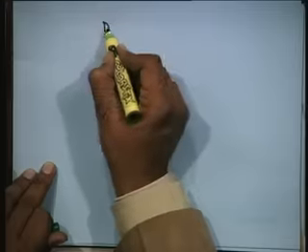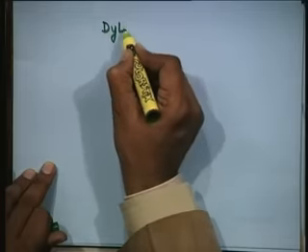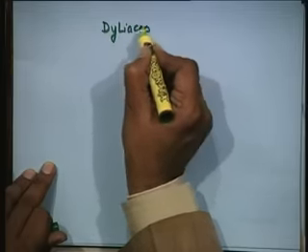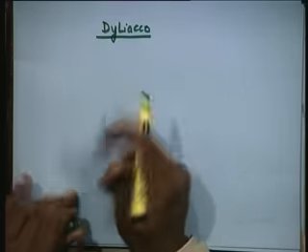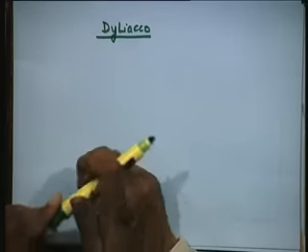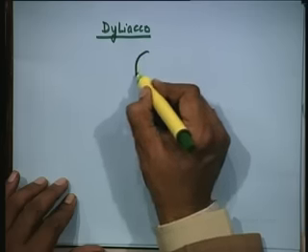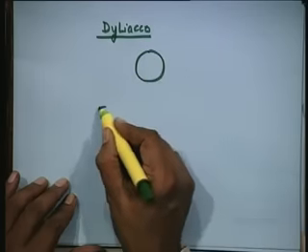Now, what is security analysis? Security analysis was started for the first time by a gentleman called Dy Liacco. What does he do, or what did he do? He divided the system into 3 parts.